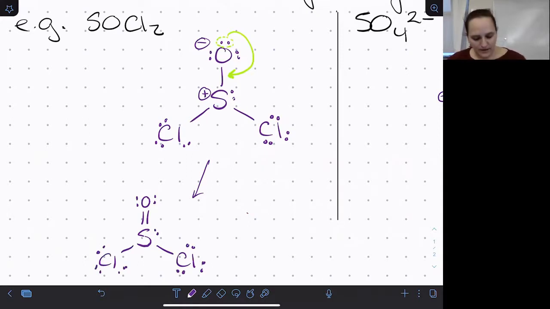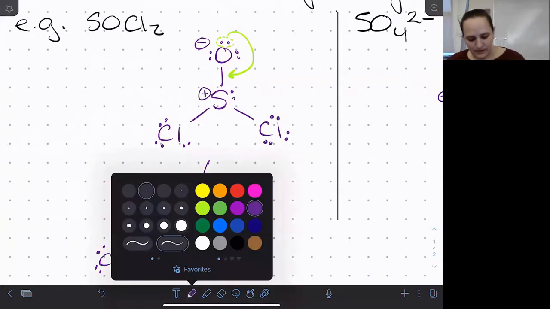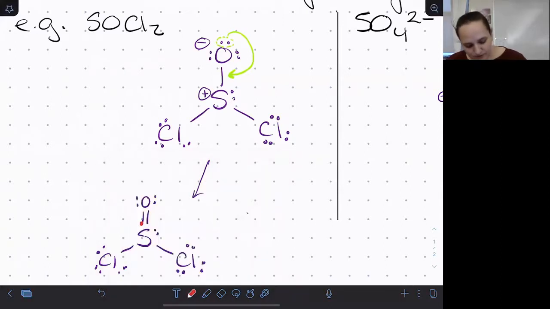Now we haven't changed anything about the electron arrangement around our chlorines, so those still have a formal charge of 0. Our sulfur now has 1, 2, 3, 4, 5, 6 electrons, which is the same as its typical number of valence electrons, so that brings its formal charge to 0. And the oxygen has 1, 2, 3, 4, 5, 6, which is also the same as its typical number of valence electrons, so its formal charge is 0 as well.